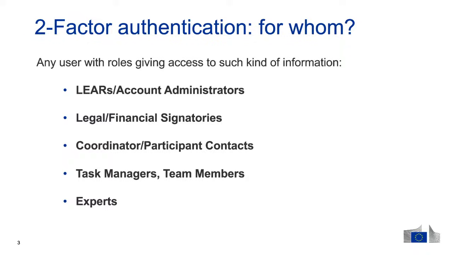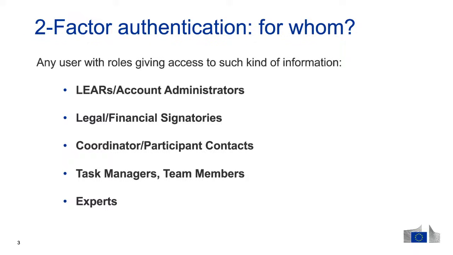This means that we will have to enforce this two-factor authentication for anybody who has access to this sensitive non-classified information. And I put here a list of the roles that are concerned. Maybe it's not 100% complete, but it gives you the flavor. So it's basically everybody having access to information about legal entities, about our beneficiaries in the legal entity database.